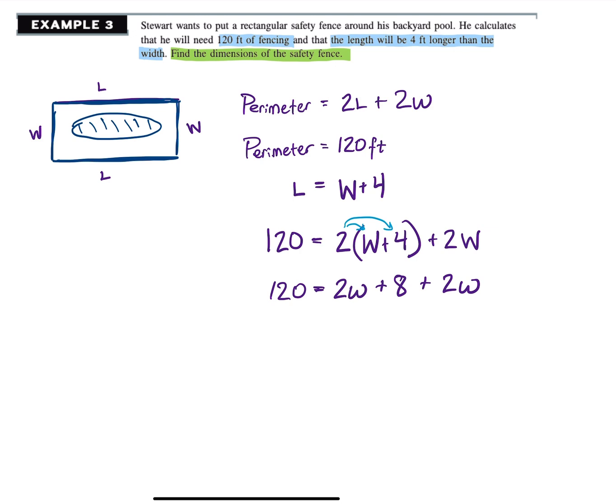We have two 2Ws, so 2 plus 2 is 4, so that will give me 4W plus 8. And we're solving for W, so I'll subtract 8 from both sides. 120 minus 8 is 112. And then we still have 4W.